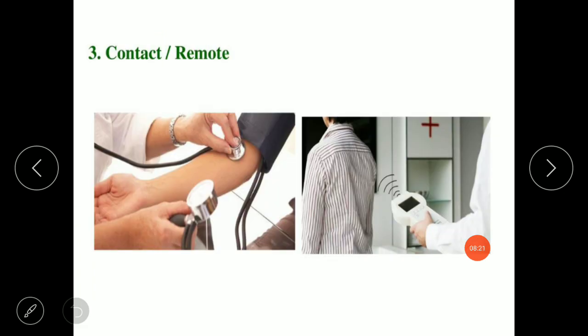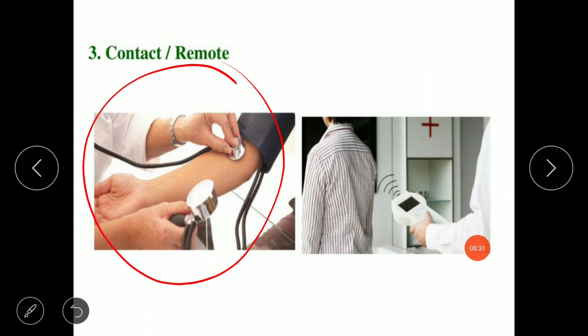The next category is contact or remote. Contact types of instruments actually come in physical contact with the measurement. For example, a strain gauge sensor attached to the muscle fibers to record deformations and forces in the muscle.